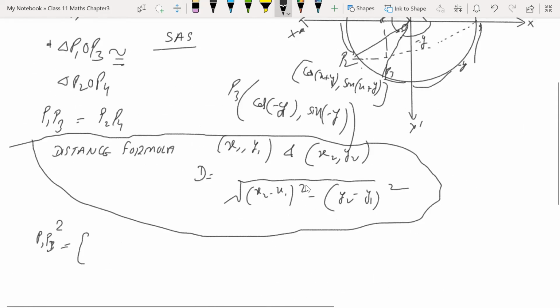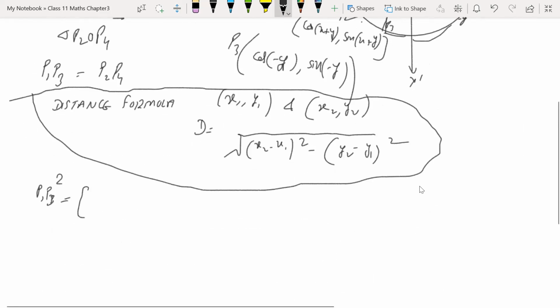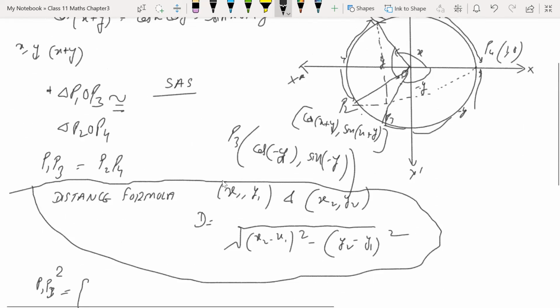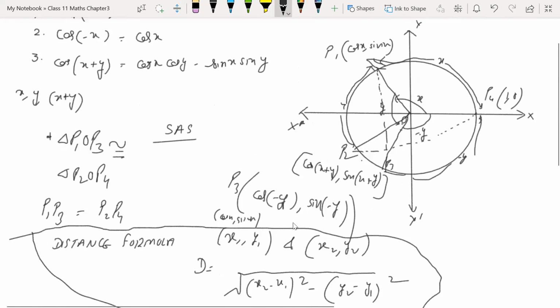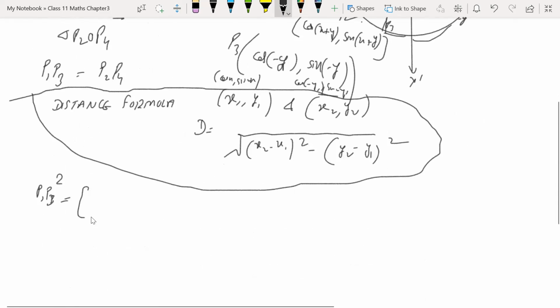P1 is (cos x, sin x), so x1 is cos x, y1 is sin x, and the other point is (cos minus y, sin minus y). So cos x means x2.